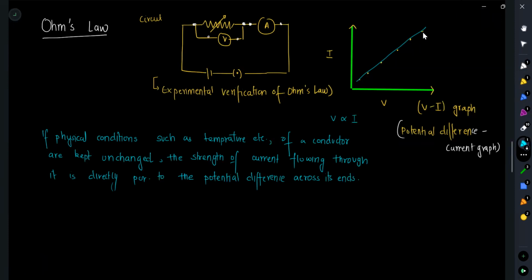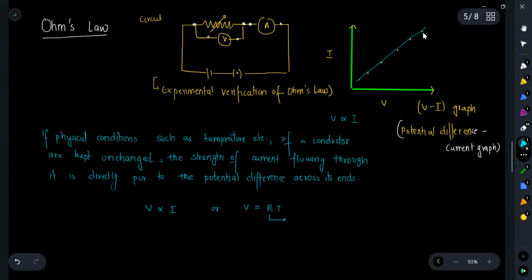Okay, so we write this as V is directly proportional to I, or V is equal to R into I, where R is constant of proportionality, and this R is known as the resistance.